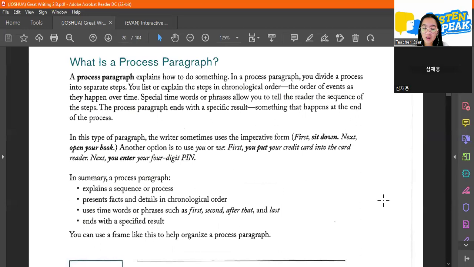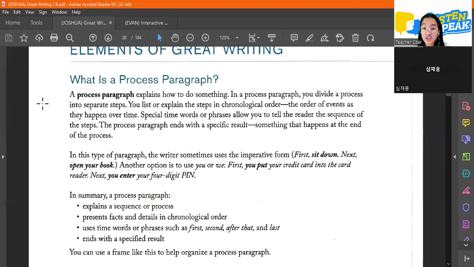Once again, Joshua, what is a process paragraph? A process paragraph explains how to do something. In a process paragraph, you divide a process into separate steps.